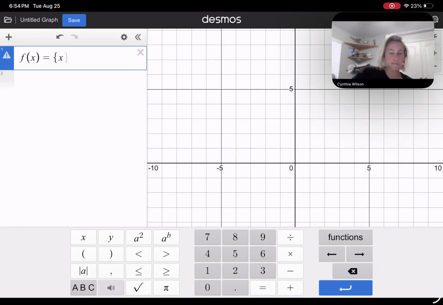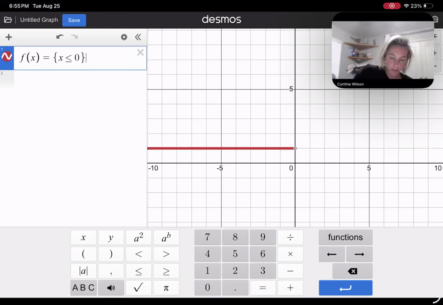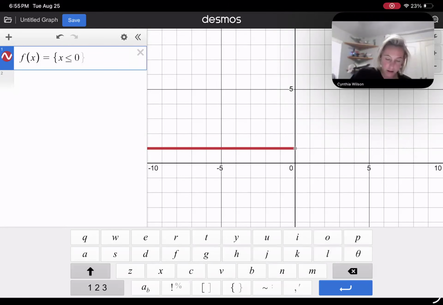So X, we're typing in the first domain. X is less than or equal to 0. Your colon, we're not done with that. Where's my colon? It is right here.